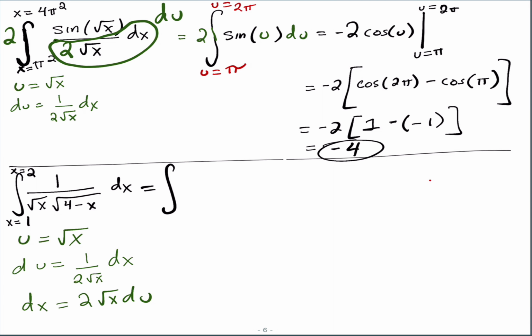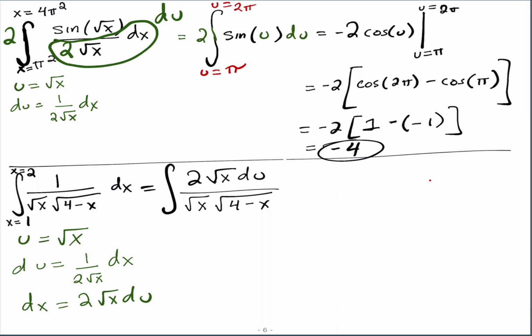So what do I have here? I have 1 dx, so instead of dx, I'm going to plug in 2 root x du over square root of 4 minus x, right?